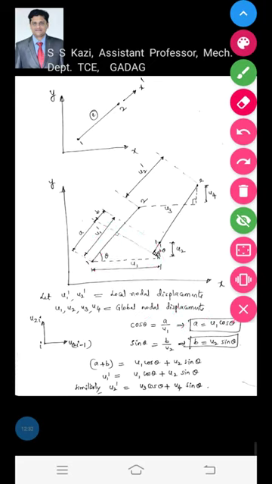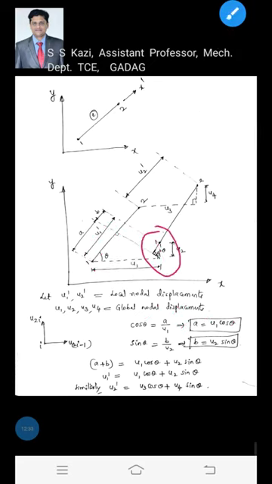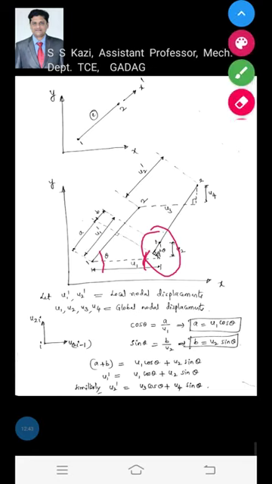Next, come to the second right angle triangle, this one. In this right angle triangle, if this is theta, then this one will be 90 minus theta, correct?